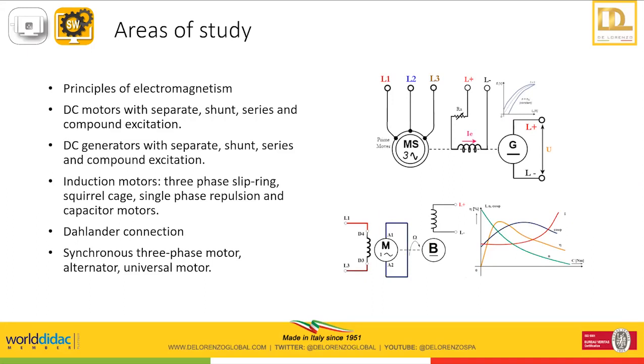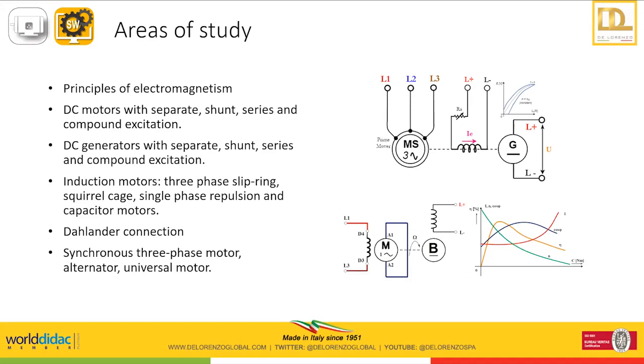I mean, in principle, you can also study principles of electromagnetism, and by supplying the stator, you can verify also the magnetic and electric fields. You can study the DC motors in all the configurations, and also DC generators in all the configurations. I mean, separate, shunt, series, and compound.